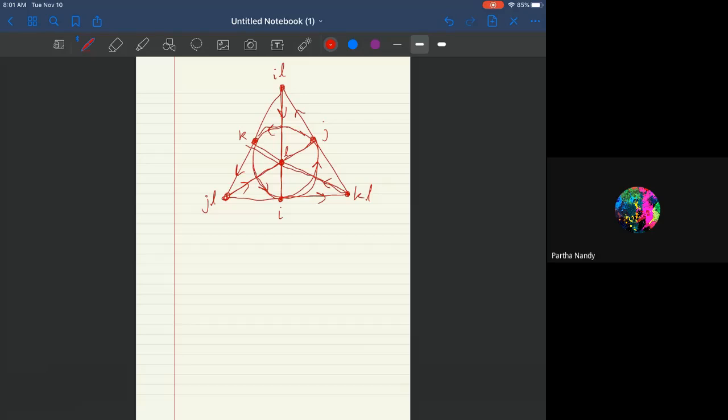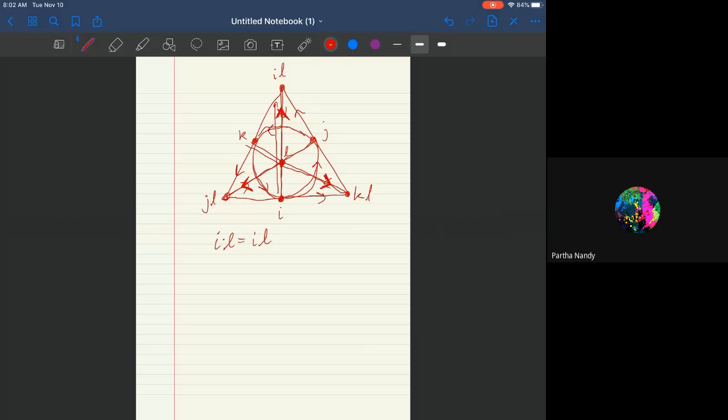So for example, I times L. Oops, I think I oriented these lines incorrectly. The altitudes, I gave the wrong orientation. So this diagram says that I times L is equal to IL, for example. I start with I and L, and I follow them up this line to get to IL.